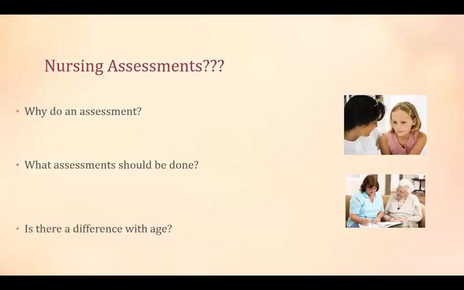Age does make a difference. We already talked about that mental health can affect everybody on the age continuum. But for children, we may have to gather information from different sources, such as their caregivers.